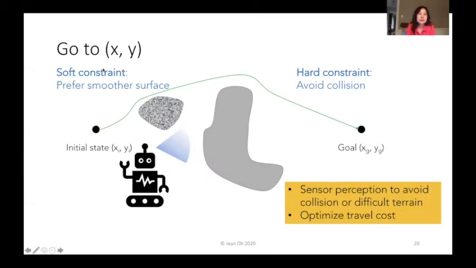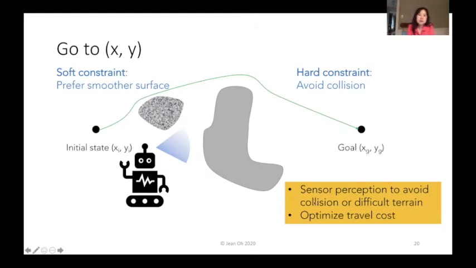The secondary thing is a so-called soft constraint. It is okay to violate, but our preference is using a different route. An example is surface type. If it's gravel, maybe it is harder for the robot to navigate, and so the path chosen would prefer a smoother surface.